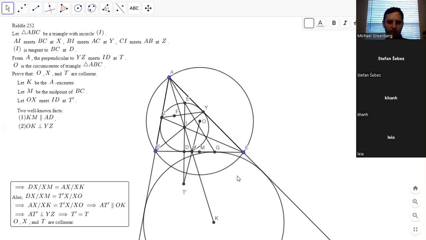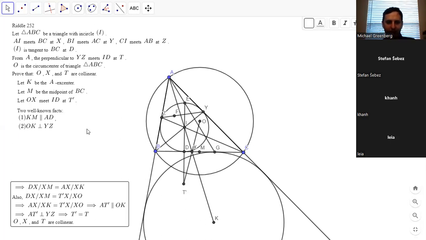If you call J and L the other two excenters, we will have that triangles KJL and DYZ have corresponding parallel sides. And then we also have KM is the median line of triangle JKL, and DA is the median of DYZ. So KM must be parallel to DA. But I don't even know if you need medians.